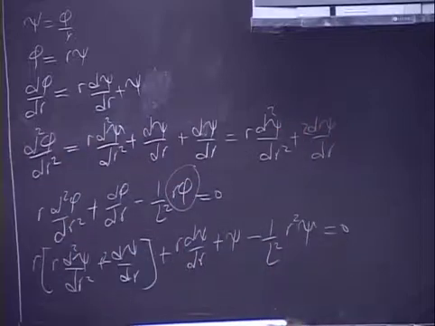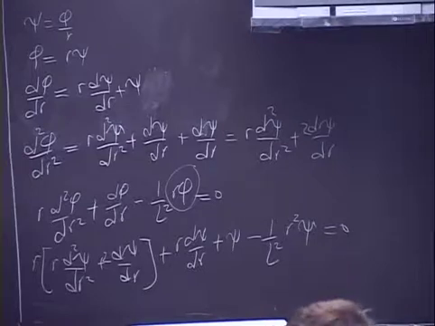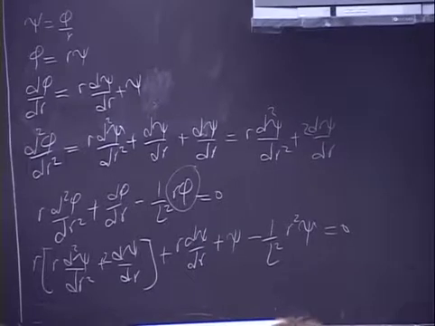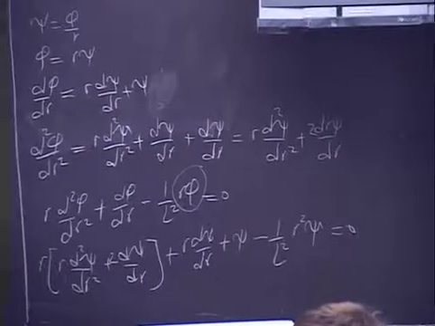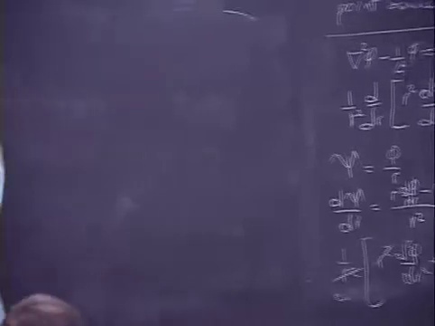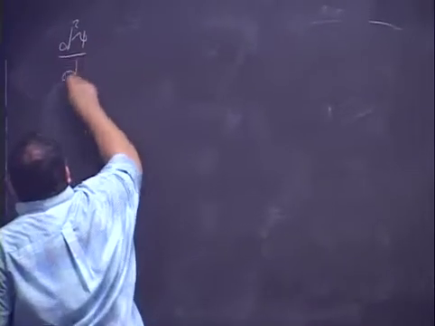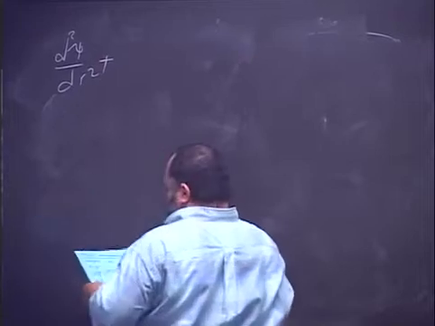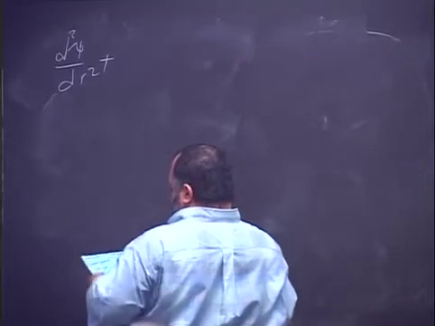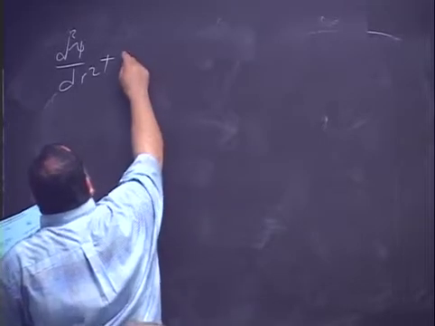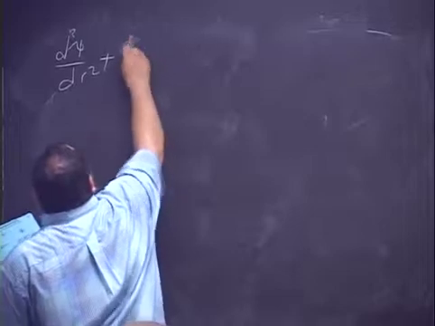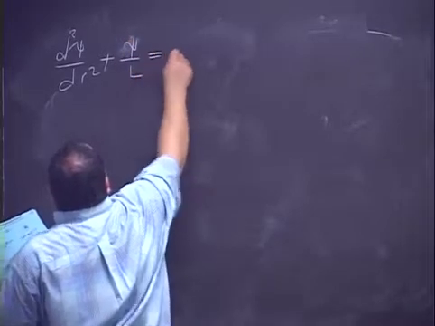I made a mistake in the substitution, but anyway, you will turn this equation to something like, in psi, d2 psi by dr square plus something like psi over L equal to 0.